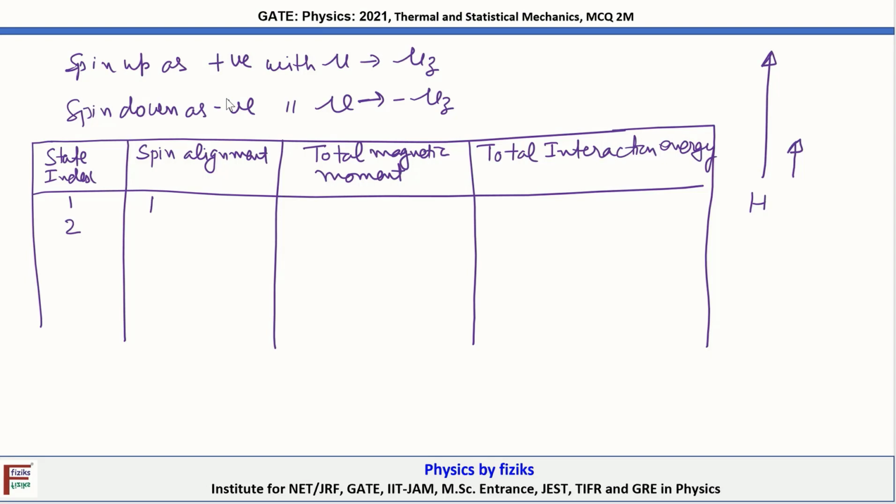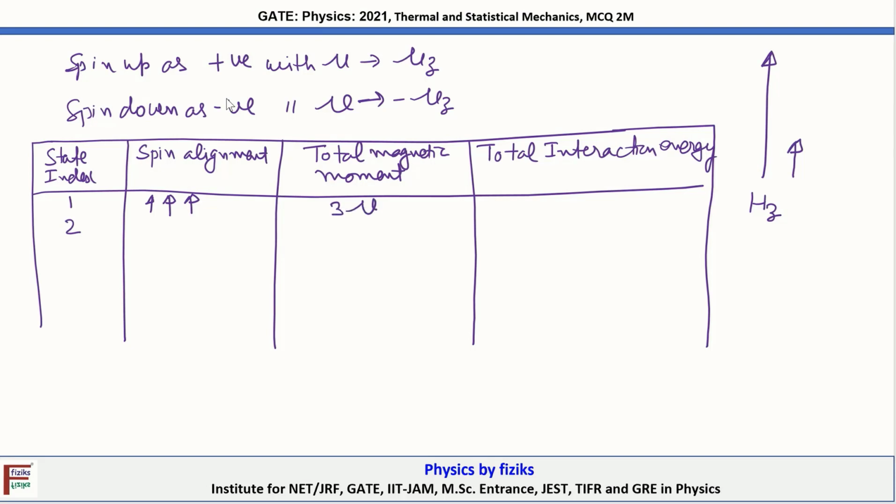The first one is that all the spins are aligned along the field direction. So I am taking all the spins in the vertically upward direction, which is the field direction HZ. If all the spins are pointing in the upward direction, and we have taken spin up as positive, then the total magnetic moment in this case will be 3 mu.